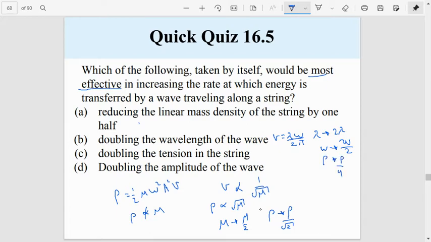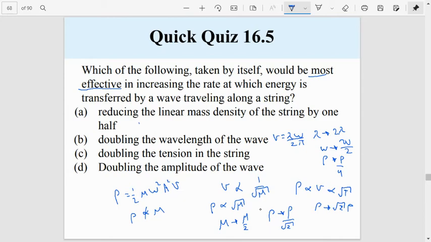C suggests doubling the tension in the string. What's the relationship between the tension and the power? There's a linear relationship between the power and the speed of the wave, which we know from section 16.3 is proportional to the square root of the tension. If we double the tension, we increase the power by a factor of the square root of 2.